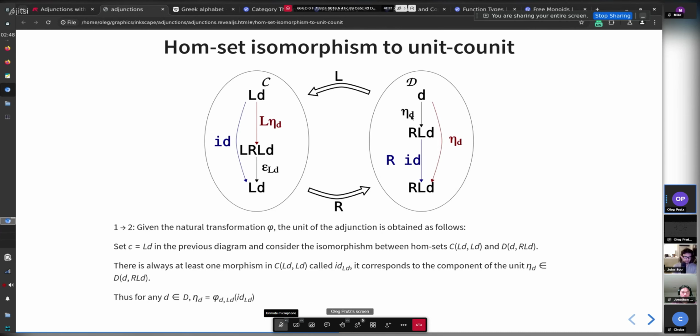Need to mention this: you can see one of the triangular identities popping up here. So L circle eta, and this is epsilon circle L, should be the identity on L, and this is one of the triangle identities in the component form.